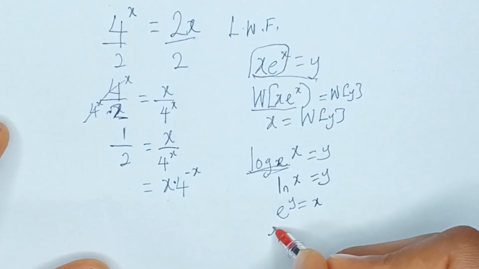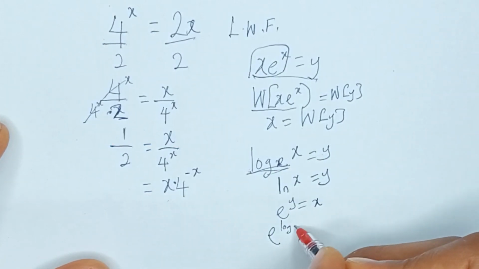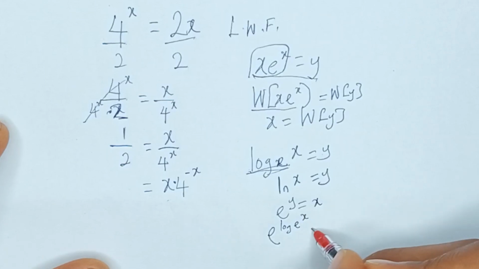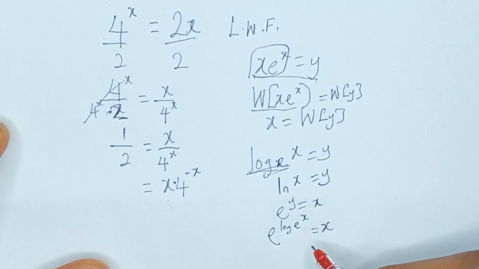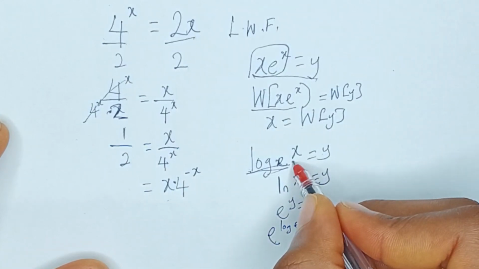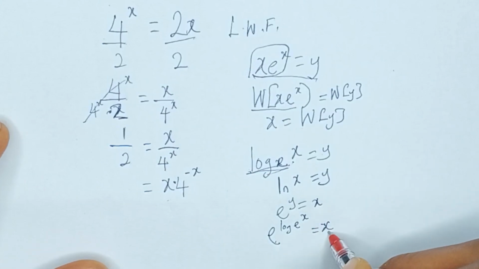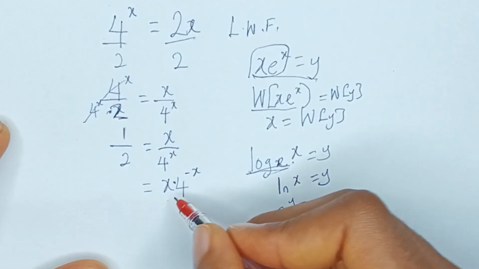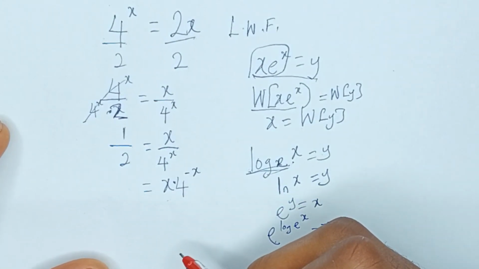So we can just have e to the power of log of e like this is equal to x, okay? And then invariably means that we can go back here and just put this thing inside here as x. Now applying this knowledge here, we are going to simply get what?